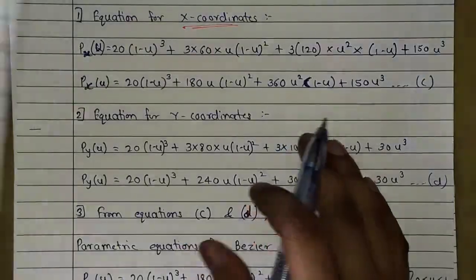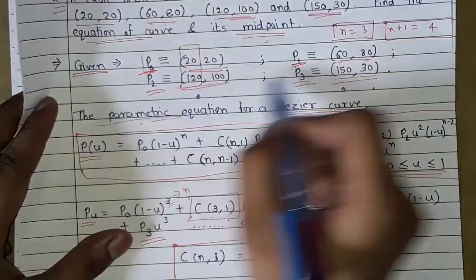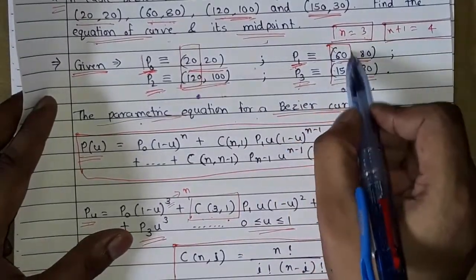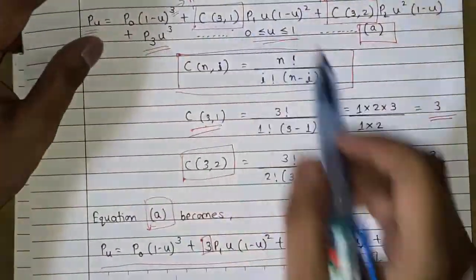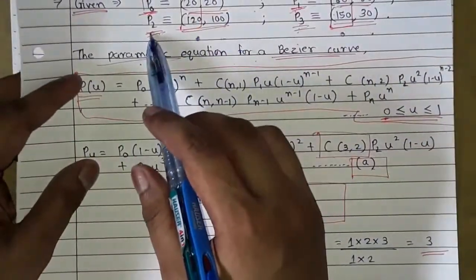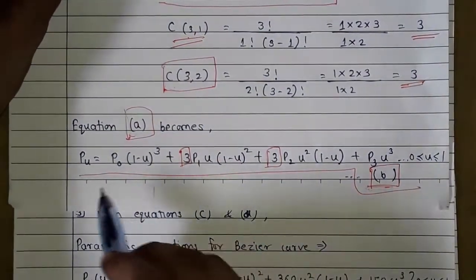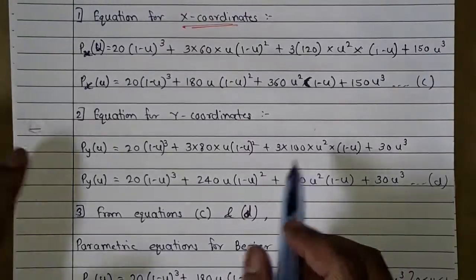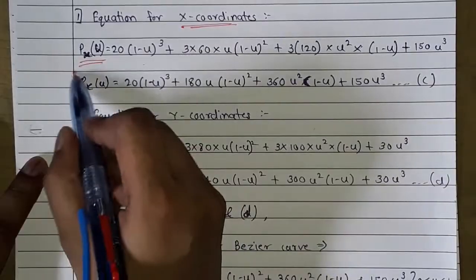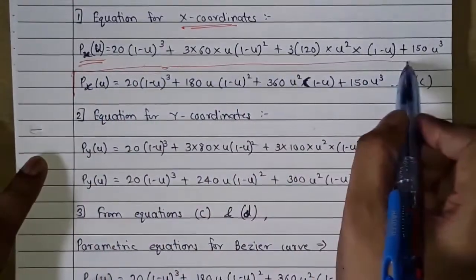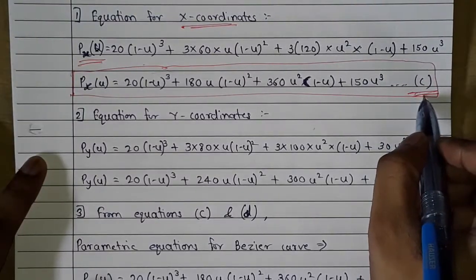For that purpose we need the x coordinates of each point, and we put all the values of the x coordinates of our given points in equation number B. After putting the values and simplifying, we got Px(u) as this one, and we have named it C.